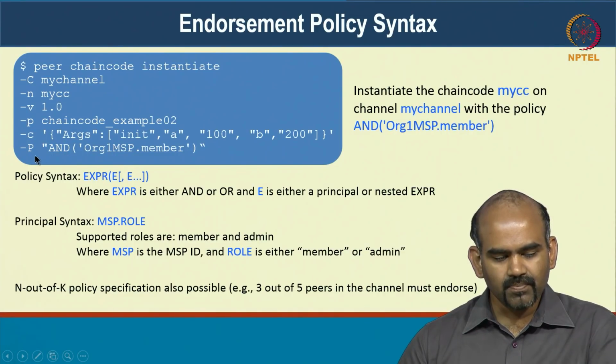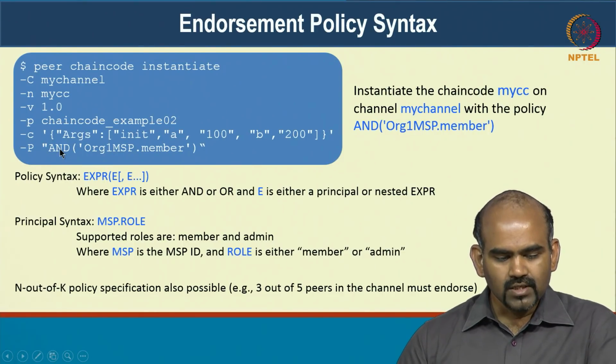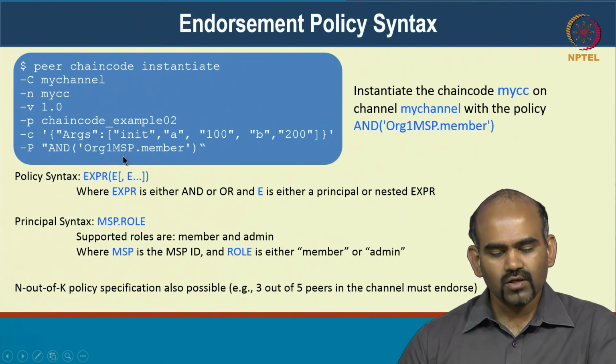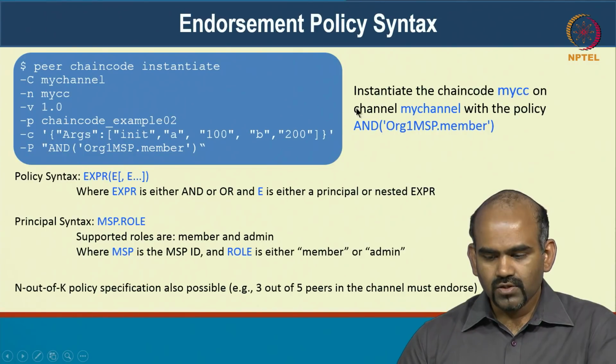And the -P option here gives you the endorsement policy. That's what we are looking at here. So what does this endorsement policy say? The endorsement policy says that org1 MSP, any entity of org1, can sign this transaction. So this is the AND policy.